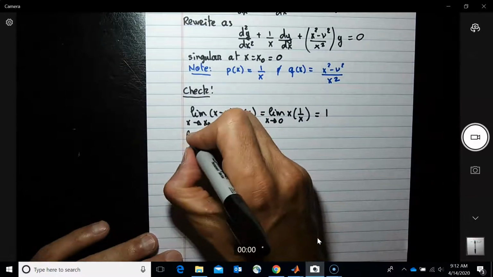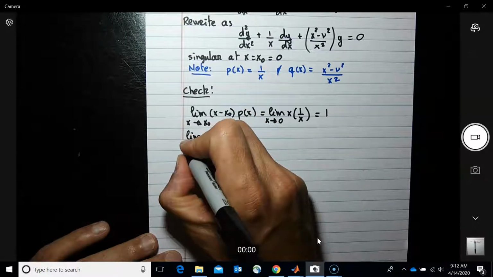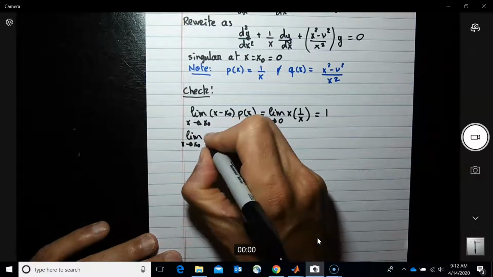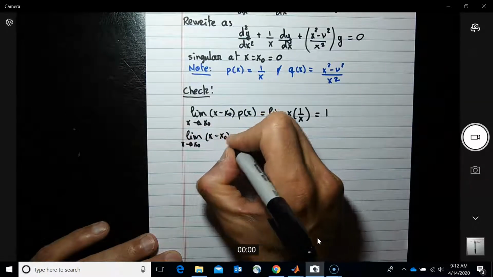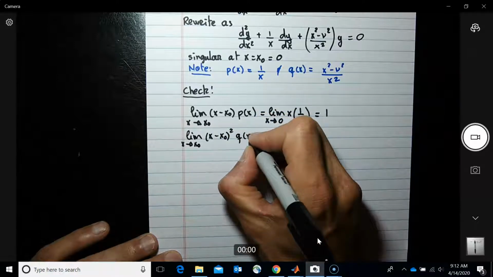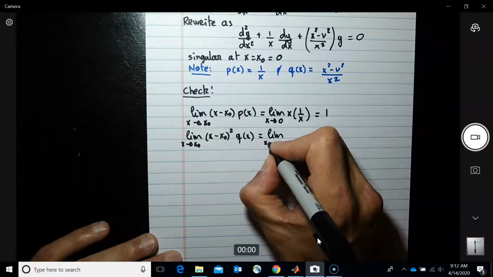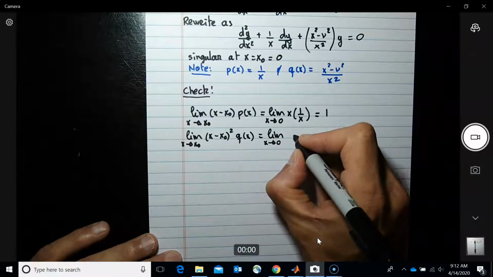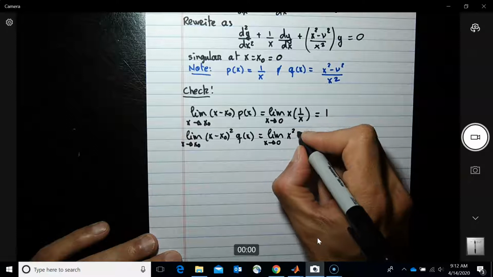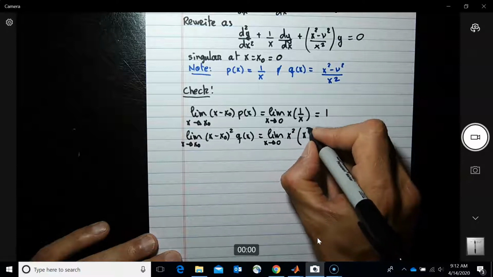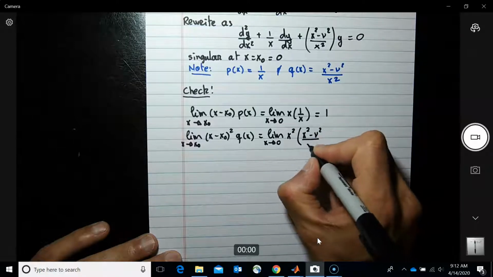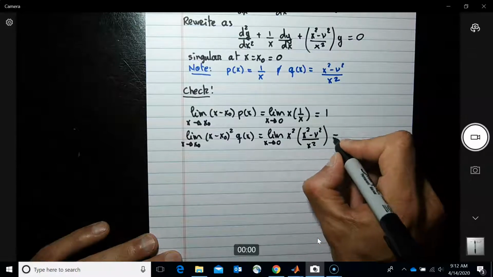And the other one is that the limit as x goes to x sub 0 of (x minus x sub naught) squared times q of x will be equal to the limit as x goes to 0 of x squared times (x squared minus mu squared) over x squared, which would be what?